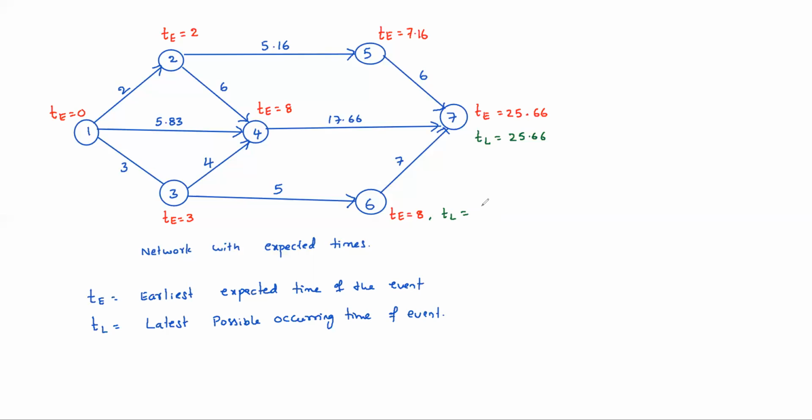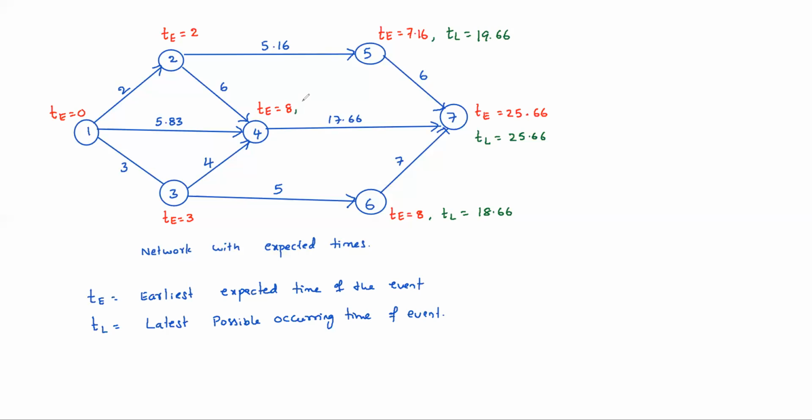Only one tail is there, so 25.66 minus 7 is 18.66. Similarly, for the 5th event, 25.66 minus 6, TL equals 19.66.